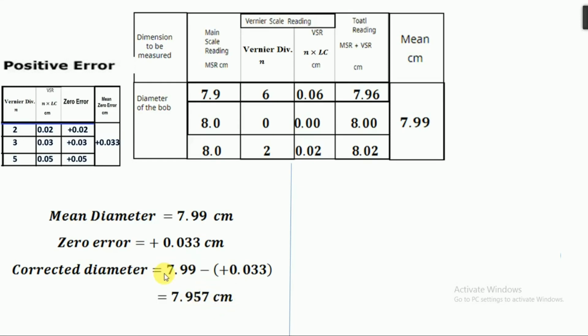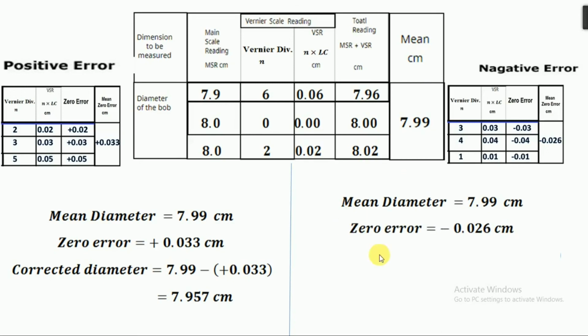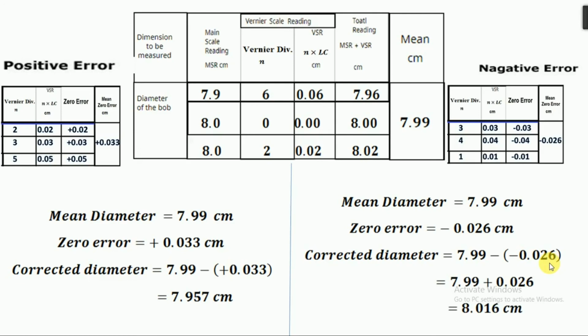7.957 centimeter. Suppose in another case the vernier caliper has a negative error of minus 0.026 centimeter. That time also I have to take the mean diameter, and the zero error is minus 0.026 centimeter, and the corrected diameter is 7.99 minus, so I have to subtract the error, and the error is minus 0.026, so minus and minus become plus.